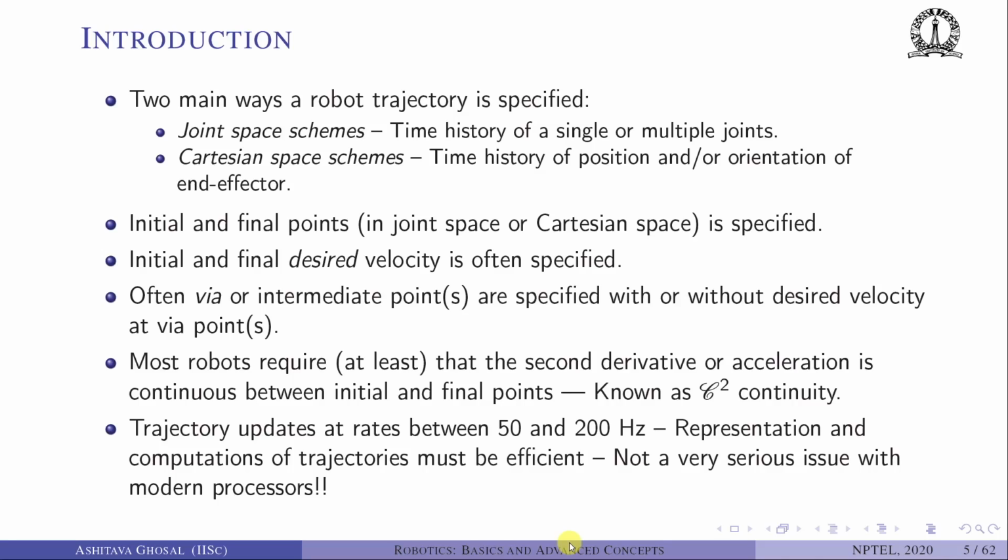So every 20 milliseconds or every 5 milliseconds, we need to generate either the position of the joint theta, theta dot, theta double dot, or the position and orientation of the end effector and its derivatives. This representation and computation of trajectories must be done efficiently. It is not a very serious issue with modern processors, which can easily generate the desired trajectories in 5 milliseconds or even faster.